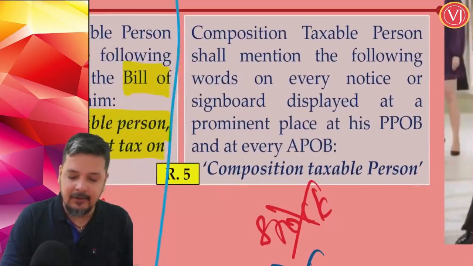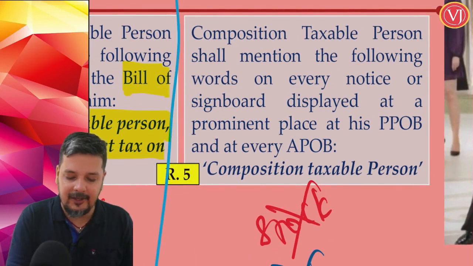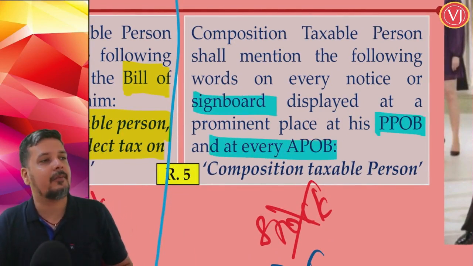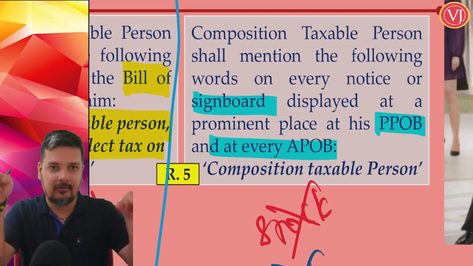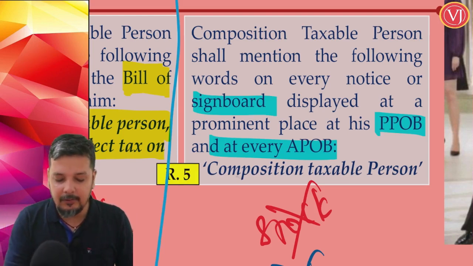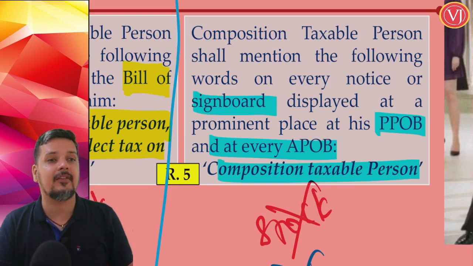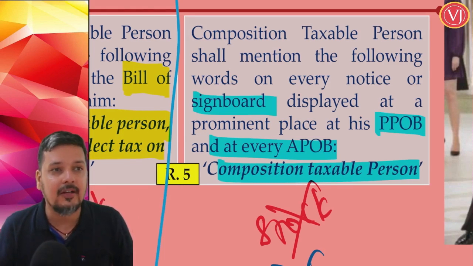Secondly, a composition taxable person should display on all the signboards, whether it is the principal place of business, that is the head office, or an additional place of business, that is branches, godowns, etc., the fact that he is a composition taxable person. He is giving an indication to the customers that when you're entering the shop, you are entering the shop of a composition taxable person.